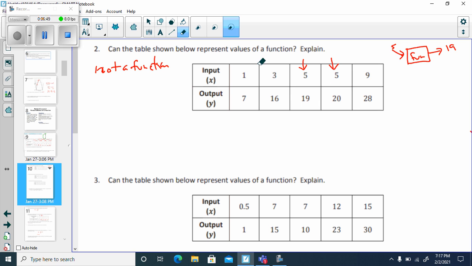If it's a function, for each input, there would only be one output. In this case, we've got the input of 5. So here's our input, our x. And our output is 19 this time and 20 that one. It's not a function because input 5 has two different outputs, right?